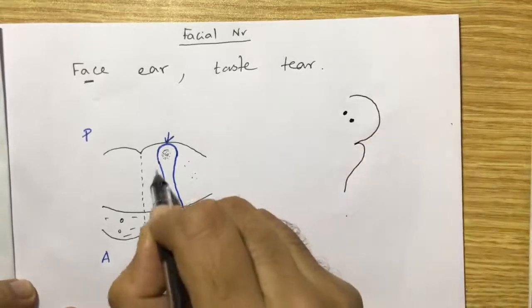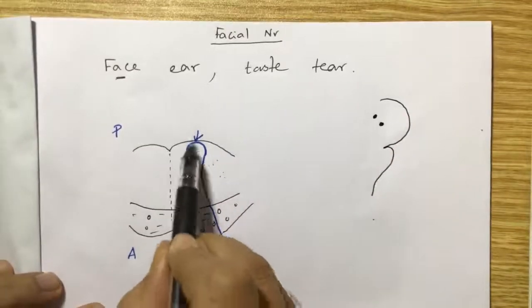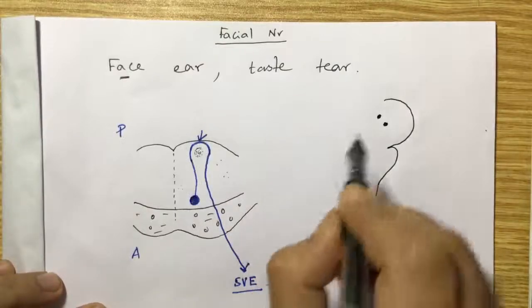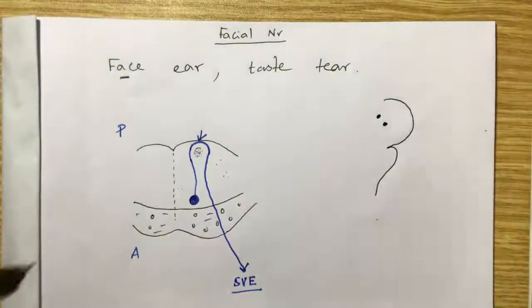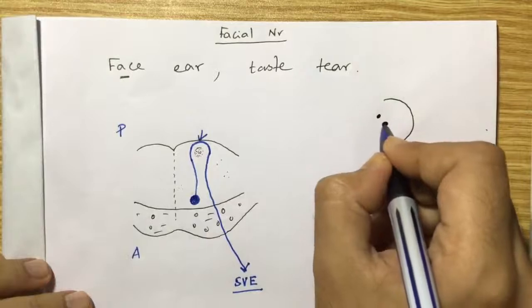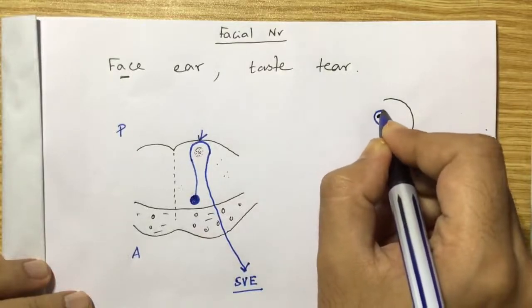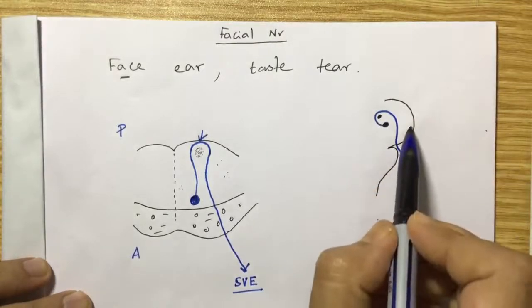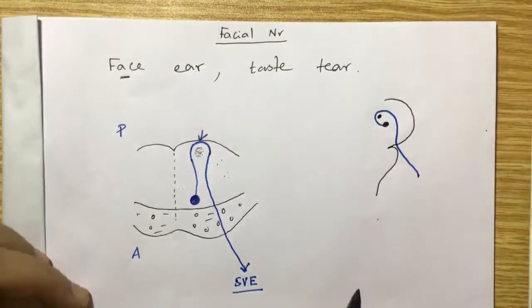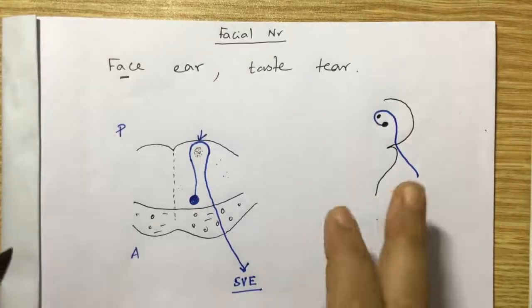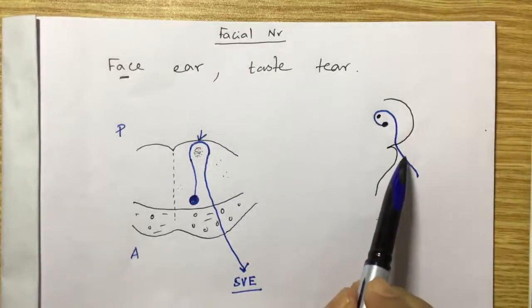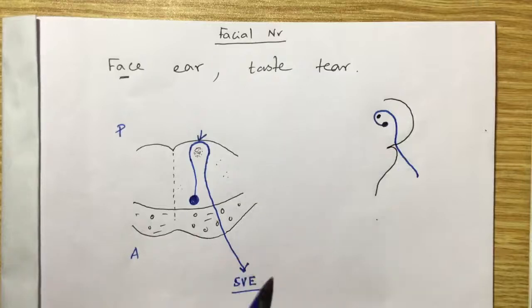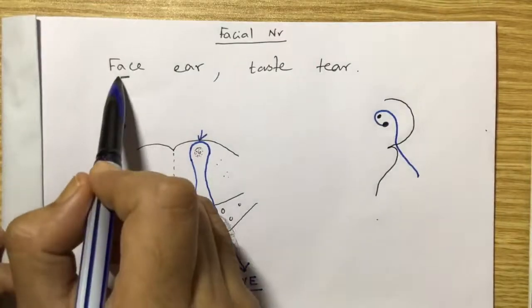So it is not only going from medial to lateral, but it also ascends above, encircles it, and comes out at the junction of pons and medulla. There are two roots. This is one root, that is the motor. Another is the sensory, where all other fibers are present. Now that is the face.